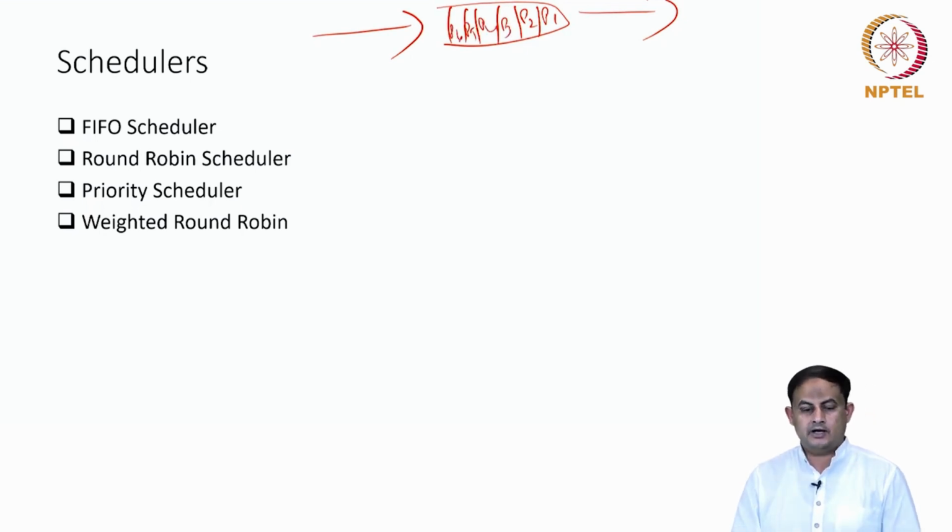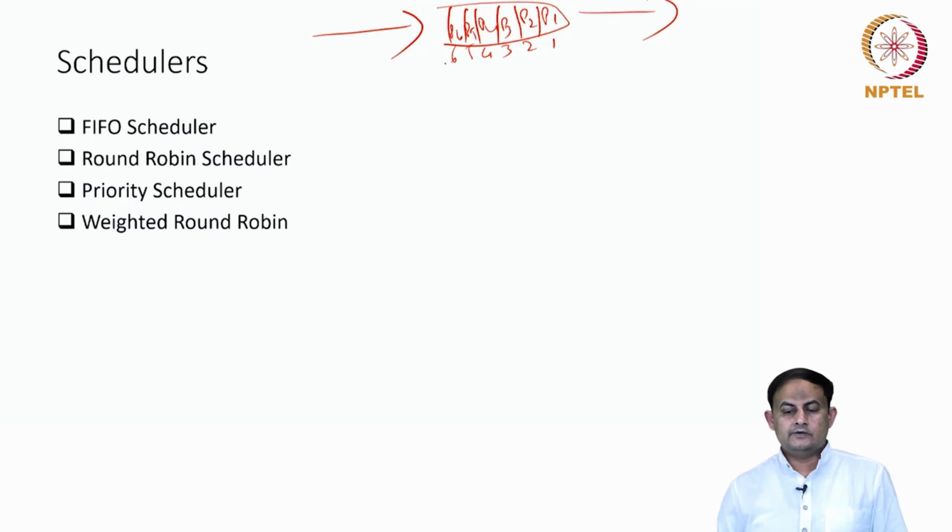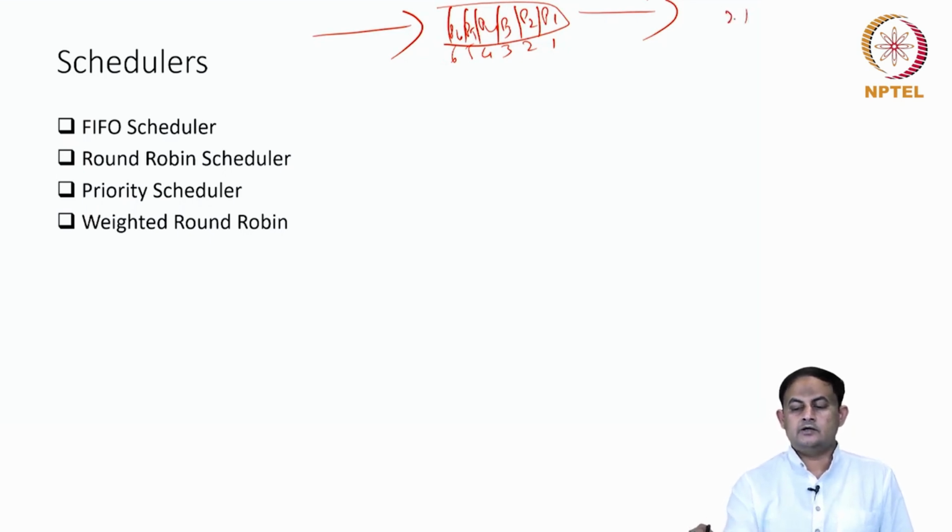In this order the packets have arrived at the input queue, and the scheduler can schedule the first packet. This is the first one to exit, this is the next one to exit, and so forth. In the order in which the packets have arrived, in the same order the packets are exiting the network.